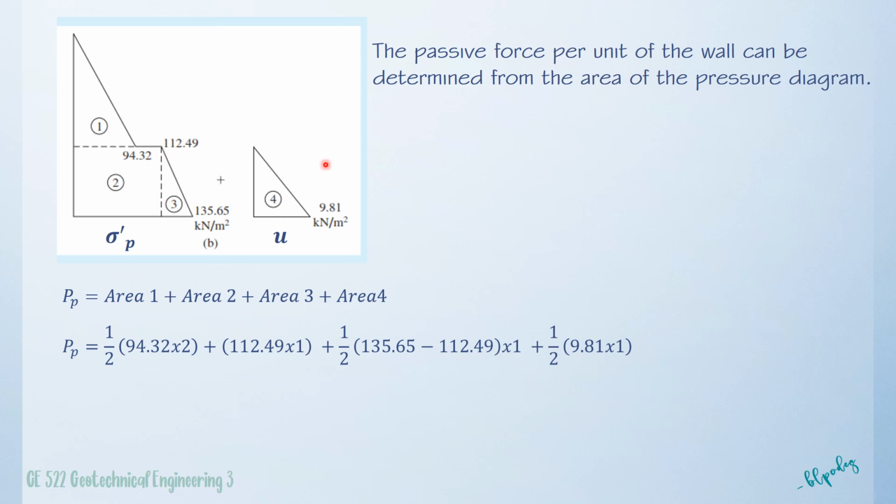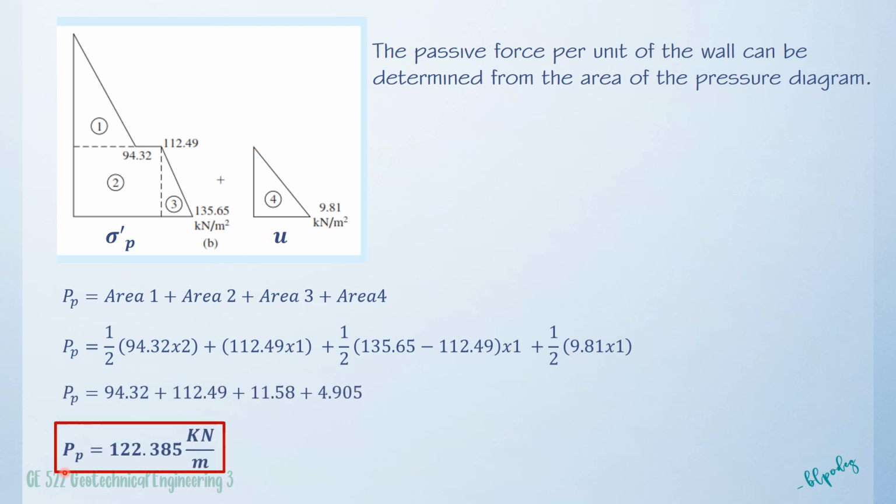And then finally, area 4, that is 1/2 times 9.81 times the height, 1 meter. So simplifying, the passive force per unit length is 122.385 kilonewton per meter.